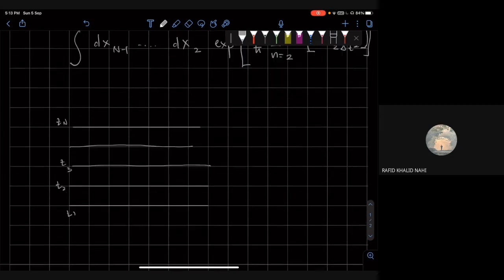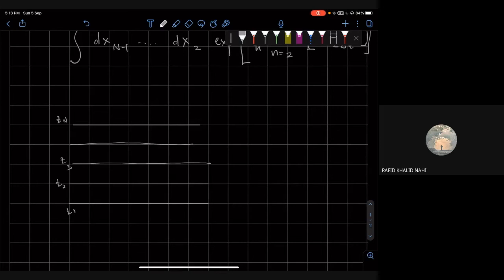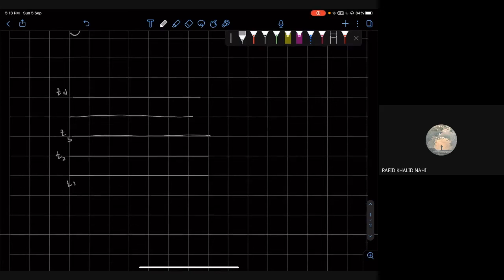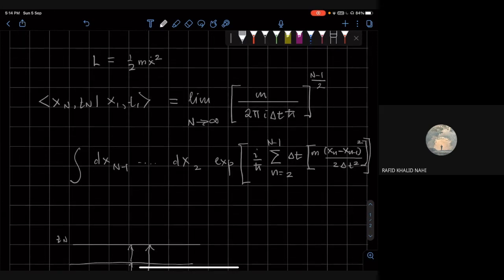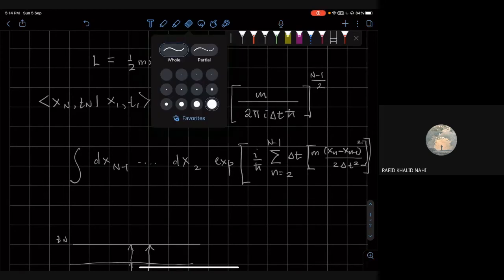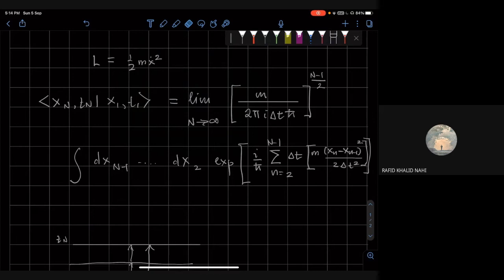What's happening is we have this propagator which goes from here to here, and we divided it into small propagators, one that goes from here to here, another from here to here, and so on. So you're right, it should go to n.